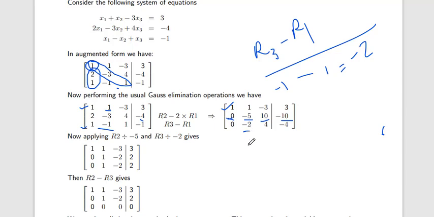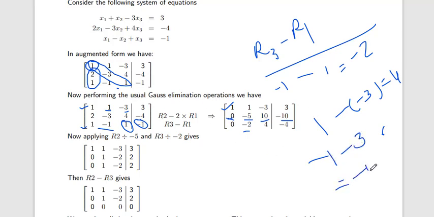Then 1 minus minus 3, minus minus is plus, so we will get 4. Then minus 1 minus 3 into 1, so we will get minus 4.